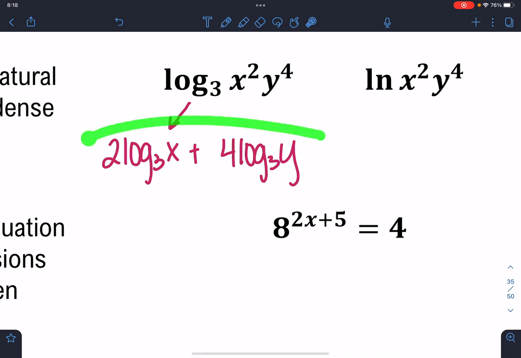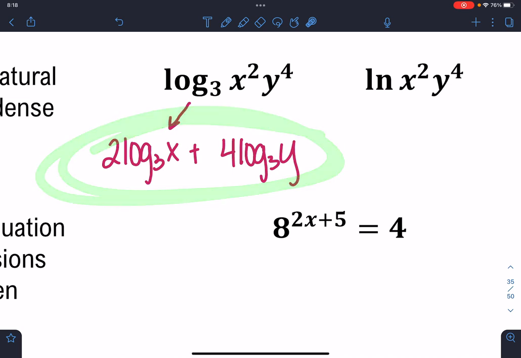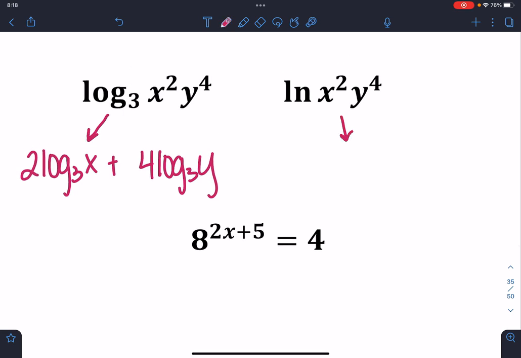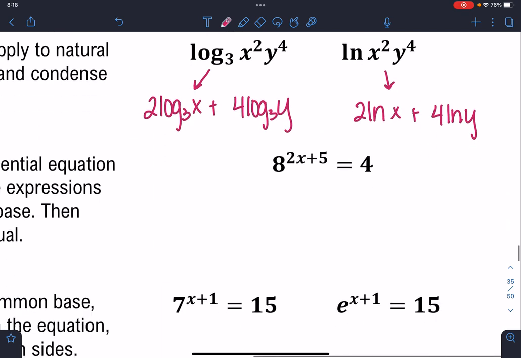And I'm hoping we can eventually get to that point right away without having to do that middle step and just kind of visually see how those numbers are rearranging. Works the same for the natural log, right? I can say this is the same thing as 2 natural log of x plus 4 natural log of y. Same idea. Different bases though. One has a base of e, one has a base of 3.